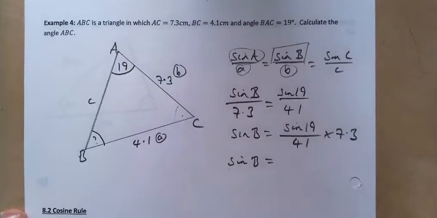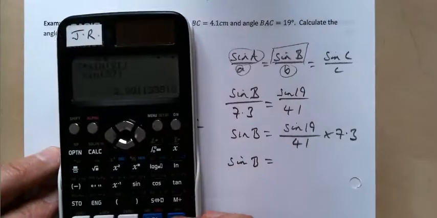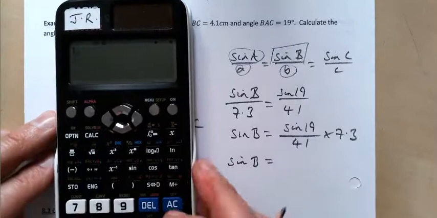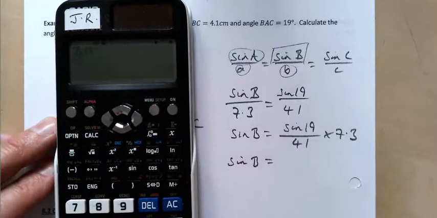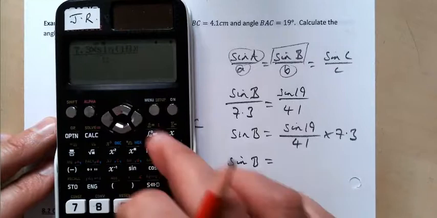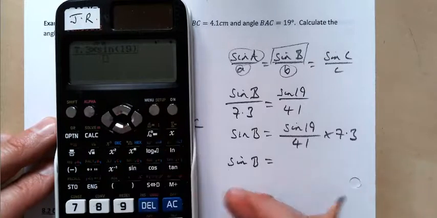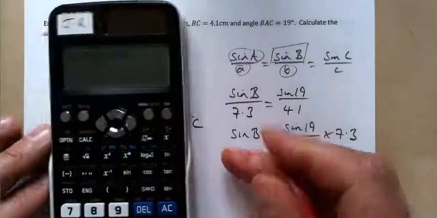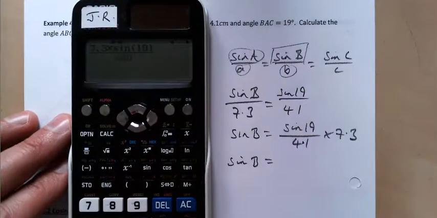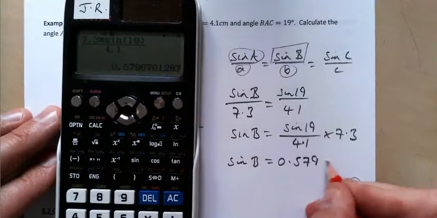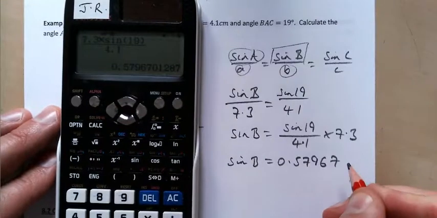Let's see if we can get this calculator to work a little bit better this time. Again, I'm going to just put this up on the top here. So I'm going to go 7.3 times sine 19. Then on the bottom, there's no way that's 41, it's 4.1, isn't it? 4.1, and hit equals, and that gives me 0.5796.